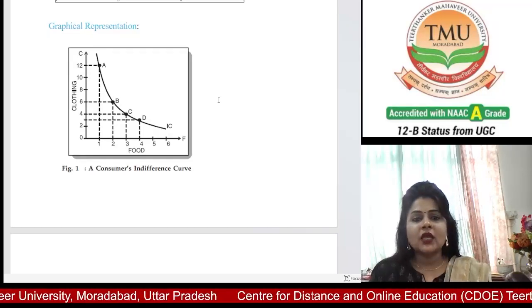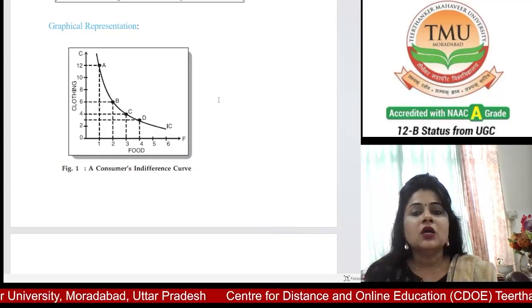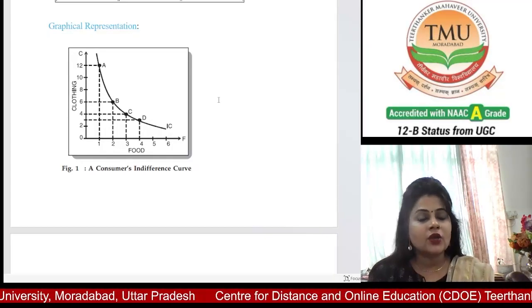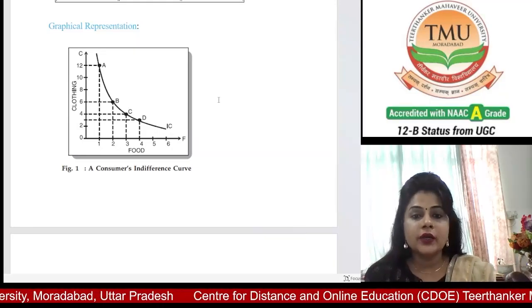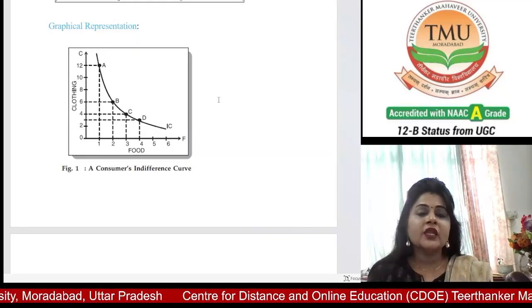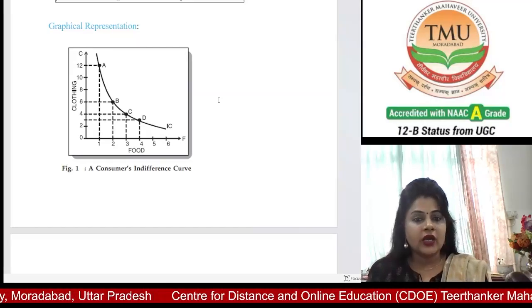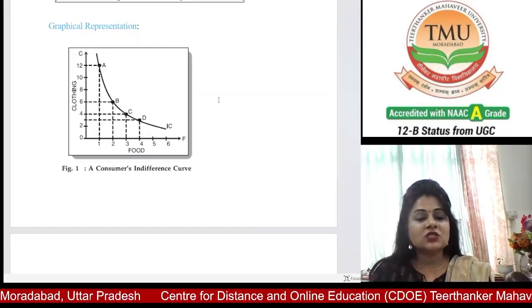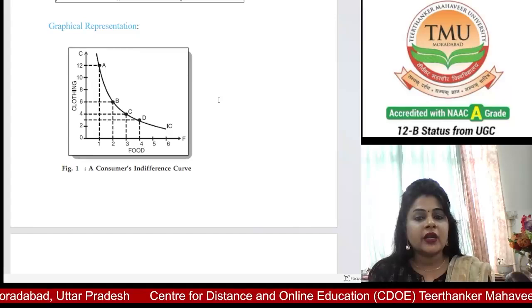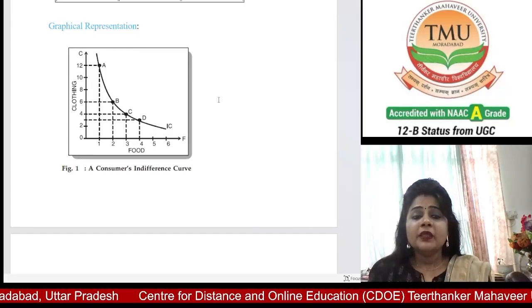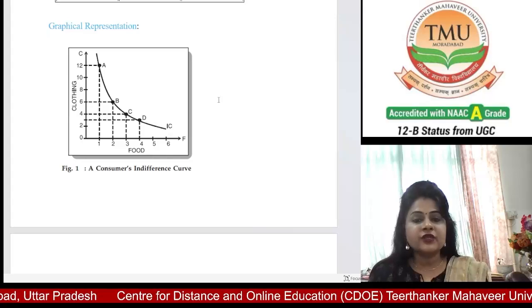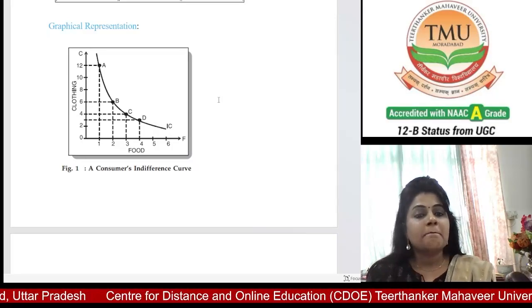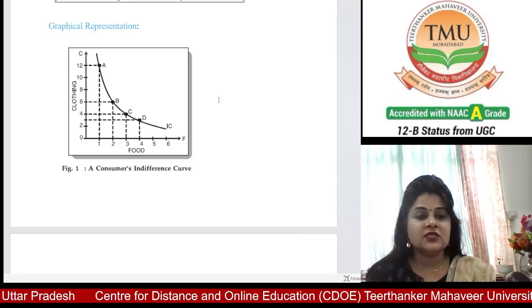It means that the utility gained from the consumption of a good cannot be measured in cardinal numbers like 1, 2, 3, etc. It is therefore measured in ordinal numbers like first rank, second rank, third rank, etc. With ordinal numbers, one can easily compare the different levels of satisfaction by ranking and preferences.